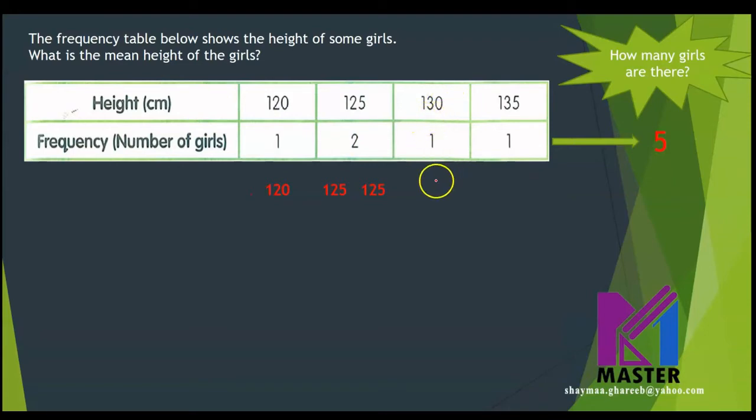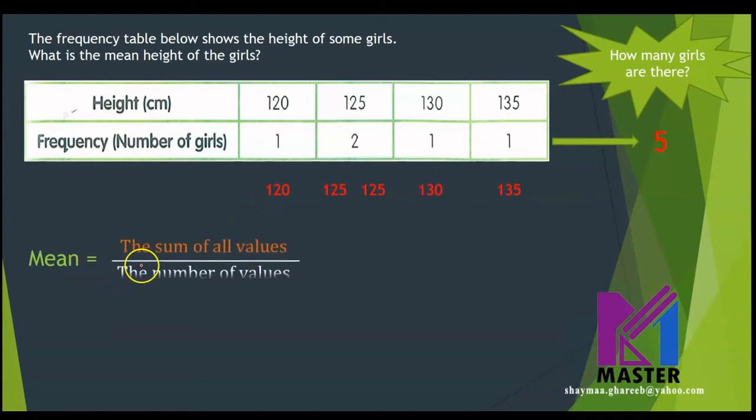What about the 130? Only once. And the 135 also one time. So now I have 5 values for 5 girls. In order to calculate the mean, we said the sum of all the values, which means we are going to add all the values, then divide by the number of values.